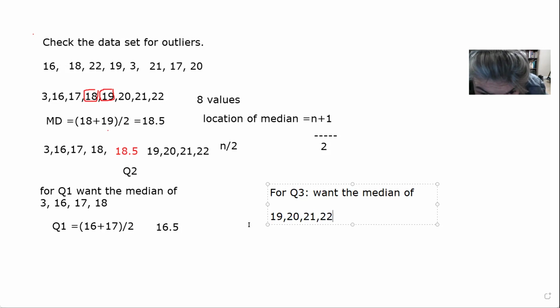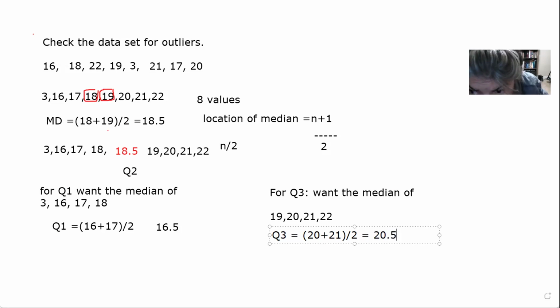And as we can see, that one is going to be 20 plus 21. So Q3 will be 20 plus 21 divided by 2. This is 20.5.